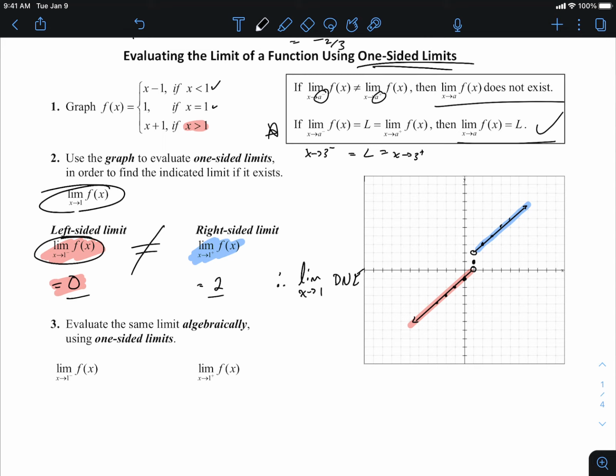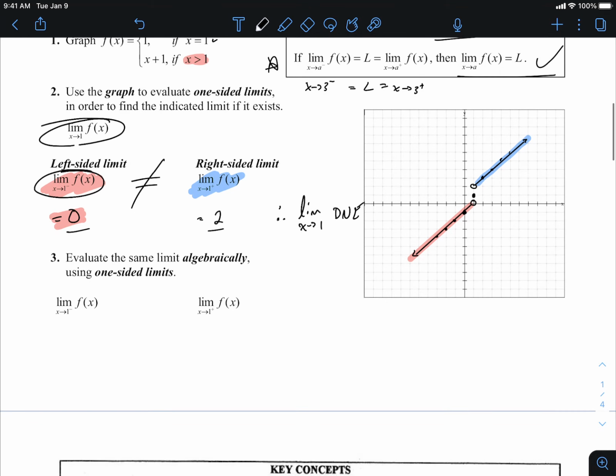Okay, and then we'll say down here, this is what we would call a jump in the graph at x equals 1.